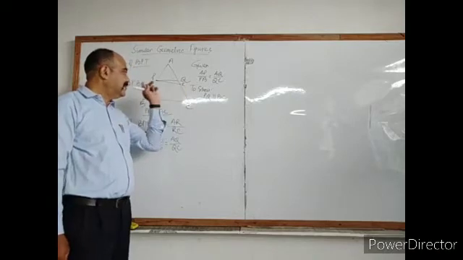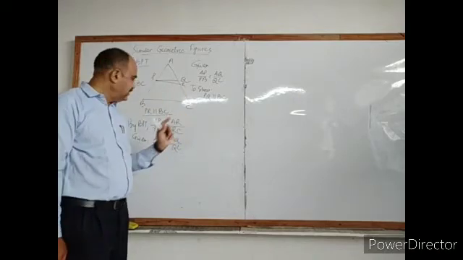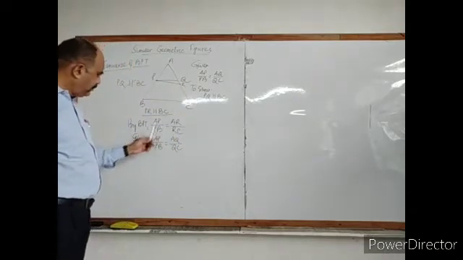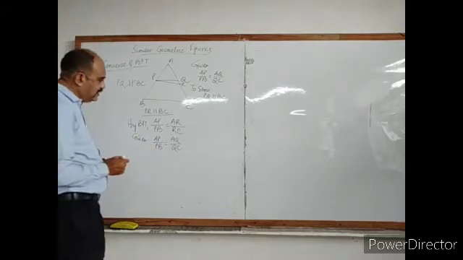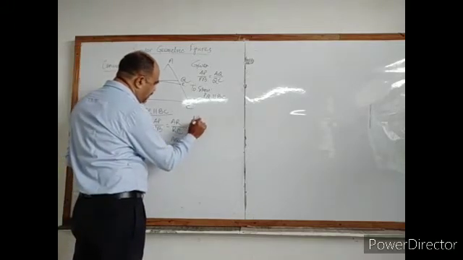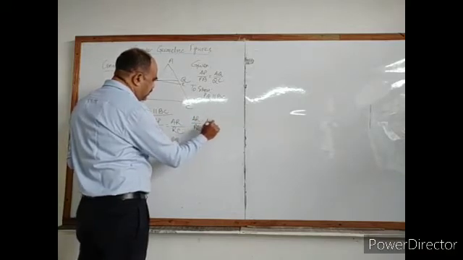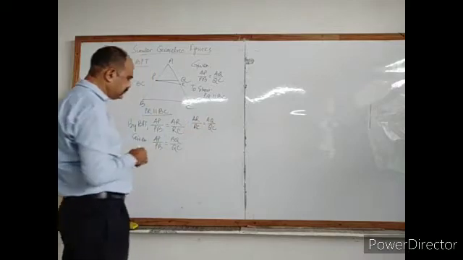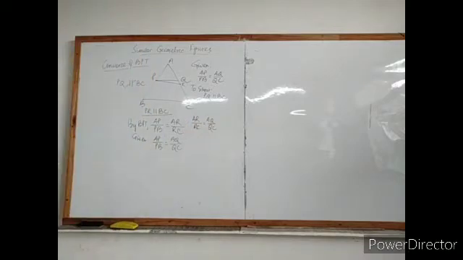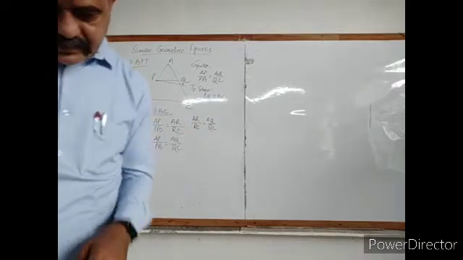We suppose R is a point with PR parallel to BC, and if we compare these two, here we got AR by RC equal to AQ by QC. Am I right?